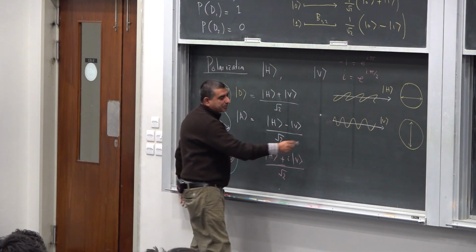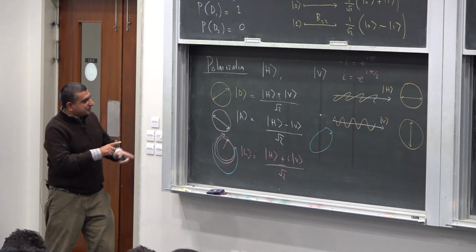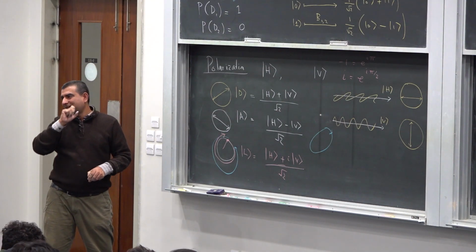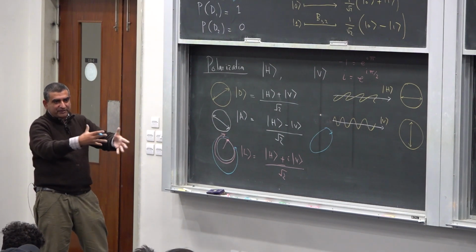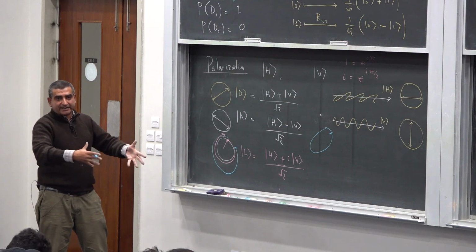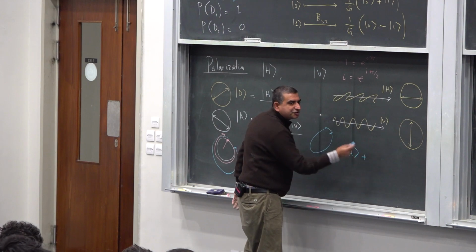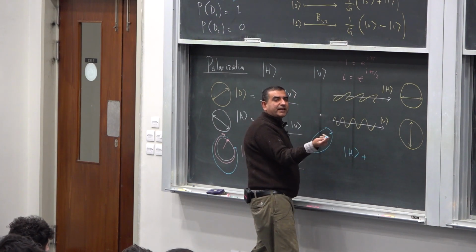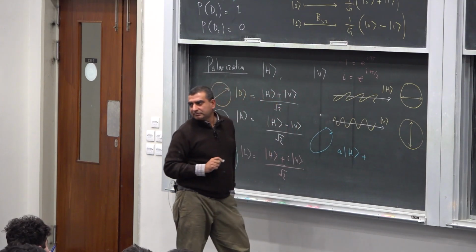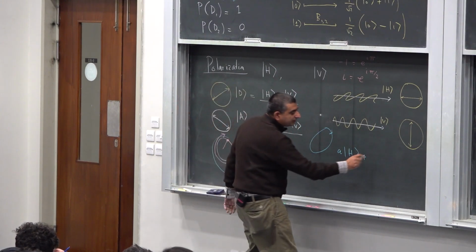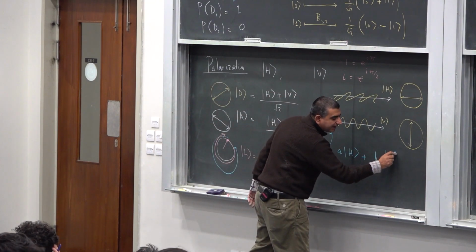I could also have these elliptical states. If I had an elliptical state like this, in which now I'm drawing the tip of the electric field as the photon moves on, then this will also have some kind of quantum state representation. I can represent this as, say, a ket H plus, the general form that I can write is some coefficient A ket H plus some coefficient B ket V, correct?